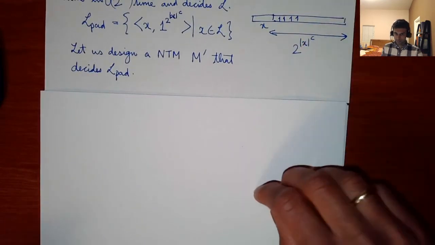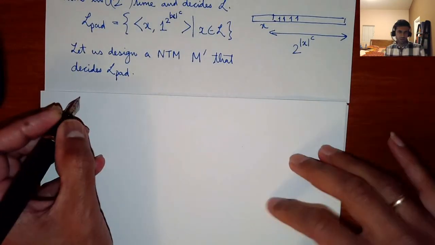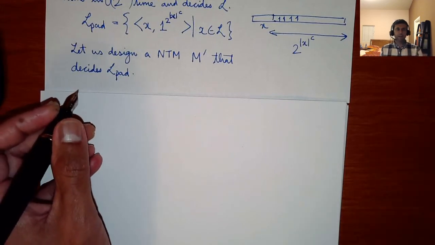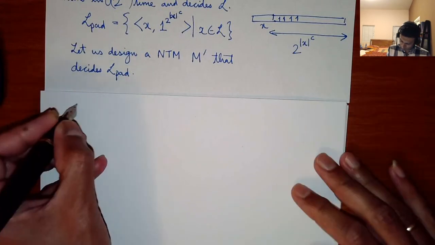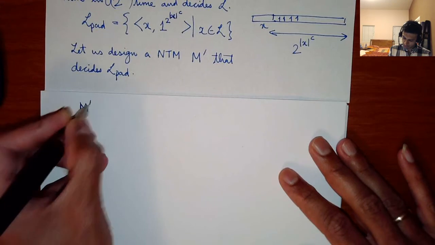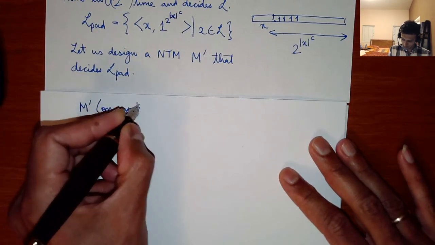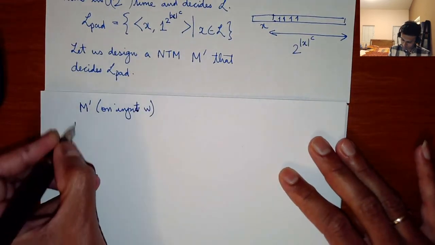Okay. And just to make a distinction, I'm going to call the inputs to M prime Y as opposed to X, just so that you can see the distinction. So I'll say M prime on input, maybe I'll call it W. W is the input to M prime.